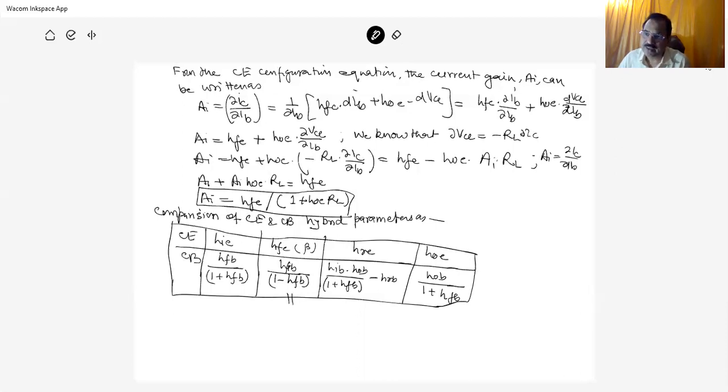So this simple equation gives the concept that beta is equal to alpha upon 1 minus alpha.